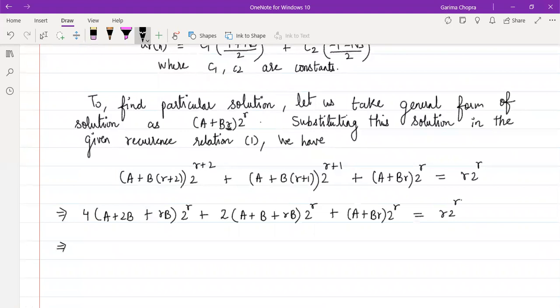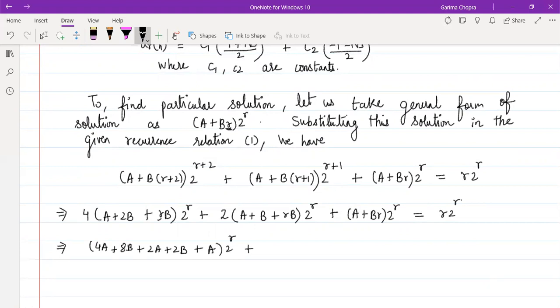Let us simplify it further. Let us collect the terms of 2 raised to power r, and let us collect the terms which have r times 2 raised to power r. So it is 4a, then we have this 8b, then this term has r, so we'll be considering it separately. Then we have here 2a, then we have 2b, then from here we have a, and this is 2 raised to power r.